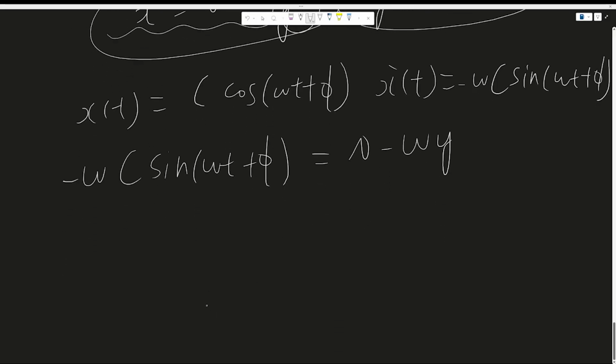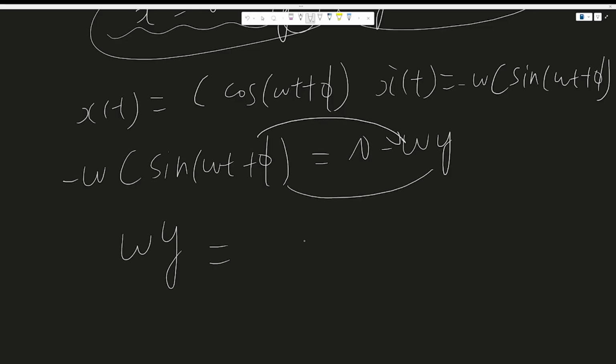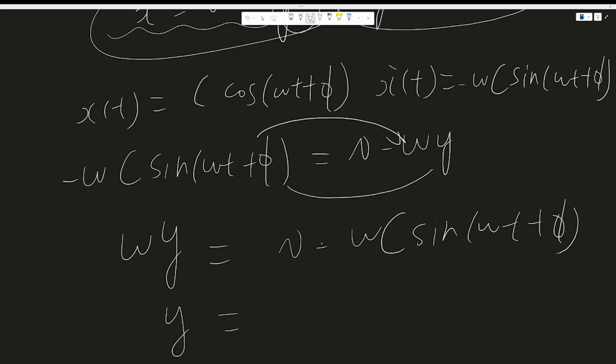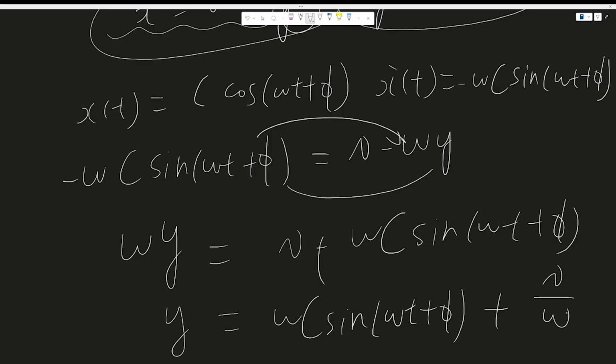And so what is y? Let's move this to this side and this one to that side. So omega y equals v plus omega c sine omega t plus phi. And so now y becomes c sine omega t plus phi plus v over omega.